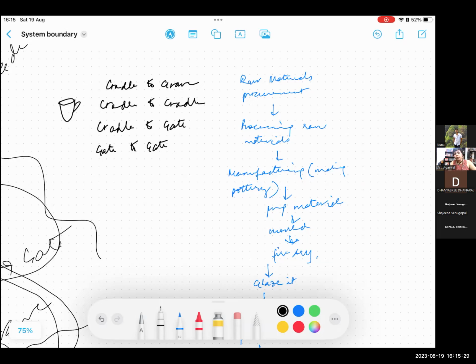You have to consider, and like I said, there are different methods and they're all meant for different purposes. Sometimes people do cradle to gate because they want to compare different products from cradle to gate, because after gate maybe it is very similar for all of them. So in that case maybe cradle to gate is a good methodology to compare five different types of products whose manufacturing processes are all very different.